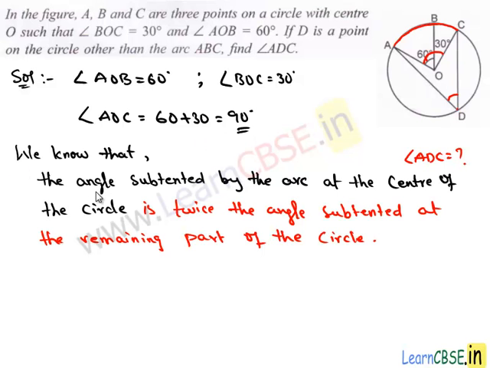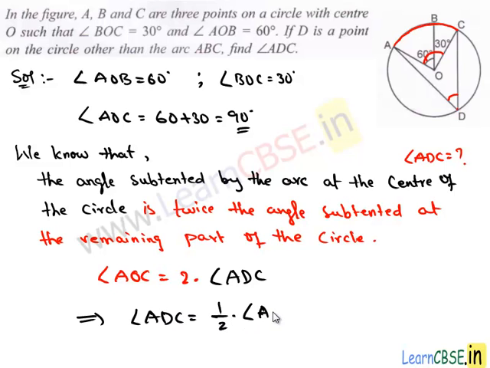And here we know that the angle subtended by the arc at the center, which is angle AOC, is twice the angle subtended by the same arc on the remaining part of the circle, that is angle ADC. So by using this equation we get angle ADC, which is half angle AOC. We have got angle AOC, which is 90 degrees. Therefore angle ADC is 45 degrees. And this completes our solution.